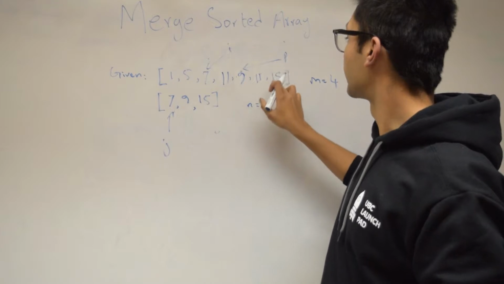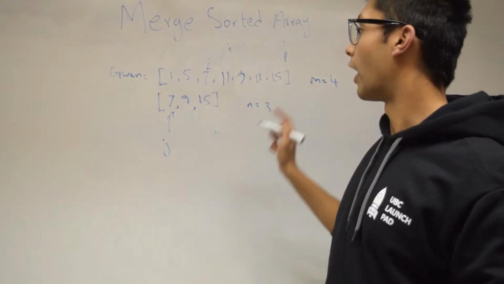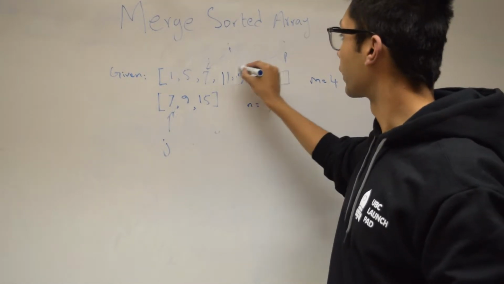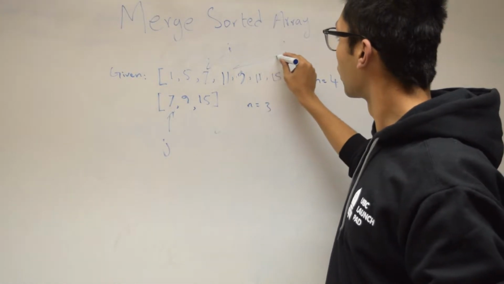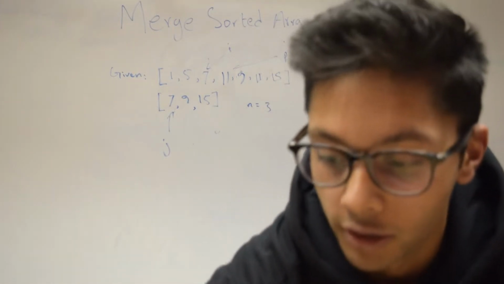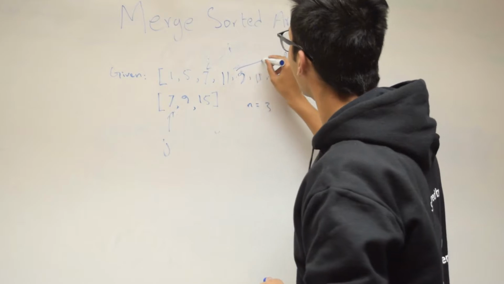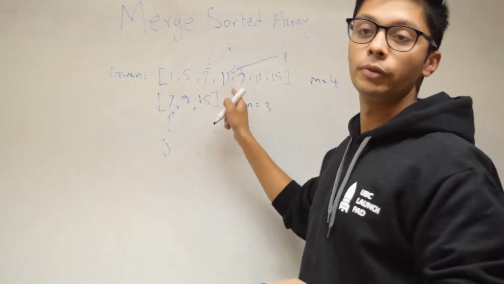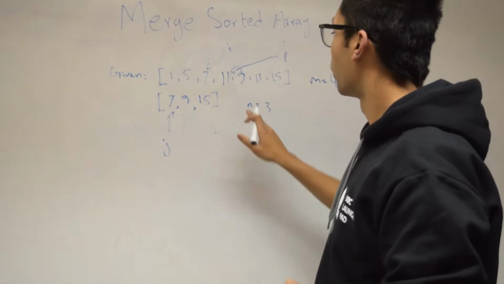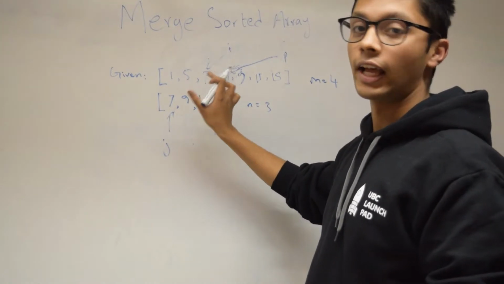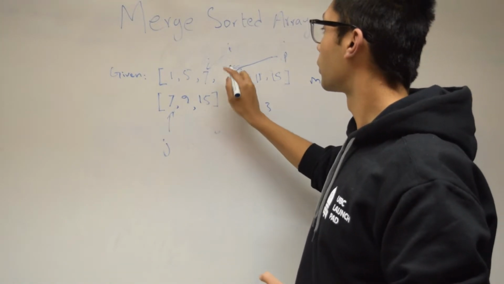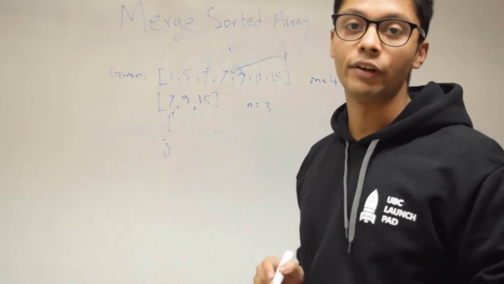So P is pointing, oh actually, my bad, I forgot to move the P. The P should be pointing to where the 11 is. So when we find the max of 7 and 7, we find a 7. So we place the 7 right there.